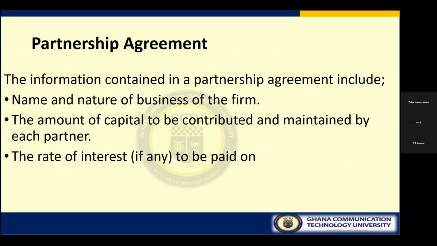The information contained in the partnership agreement includes: 1, the name and nature of the business of the firm, the name of the firm, and then the nature of the business they want to carry out. 2, the accounts of capital, the amount of capital to be contributed and maintained by each partner.